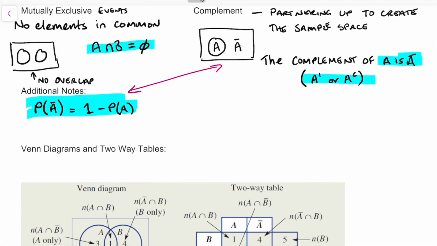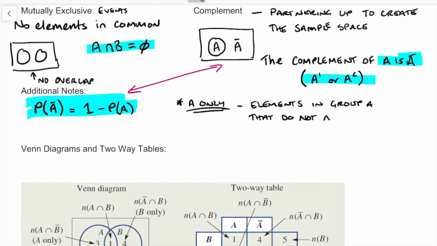If we want to go A only, because we have that as an option in our probability sets, all right, so that is elements in group A or set A that do not belong anywhere else.